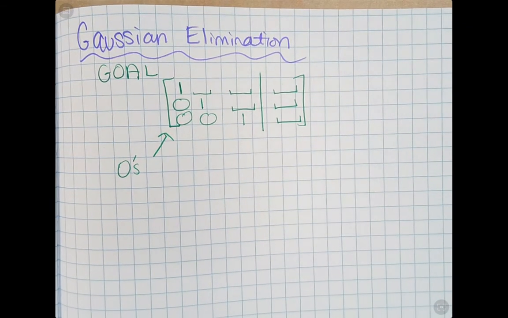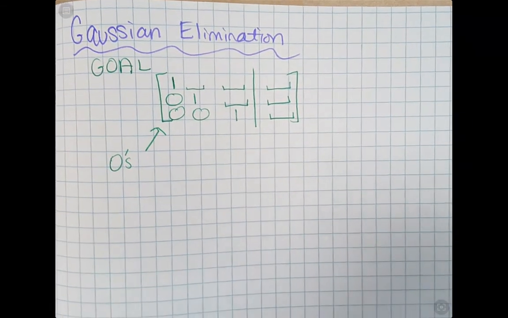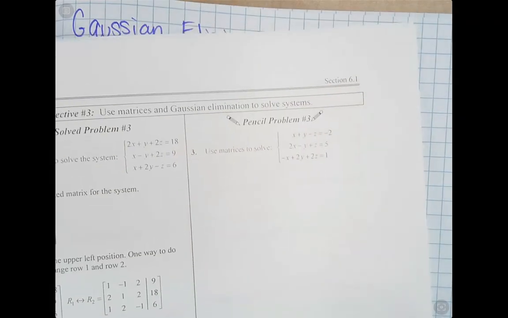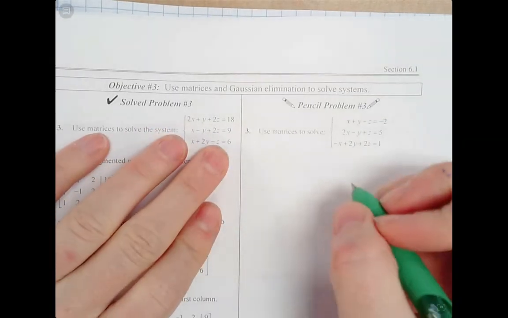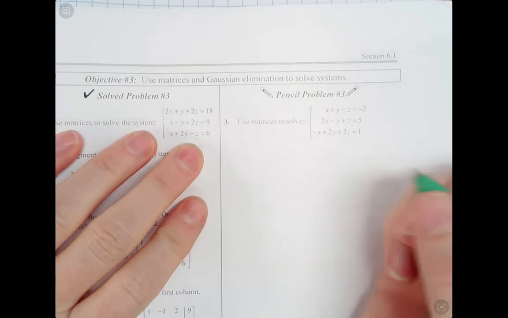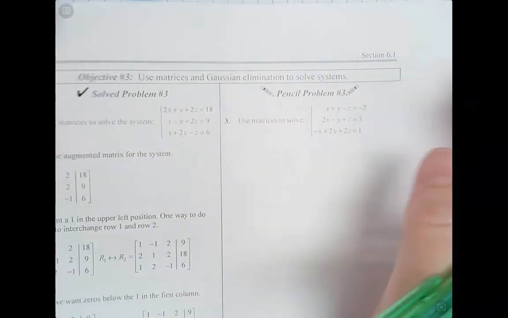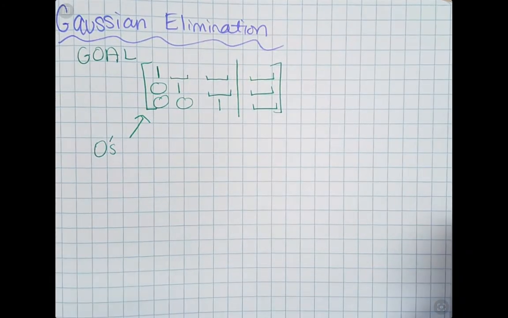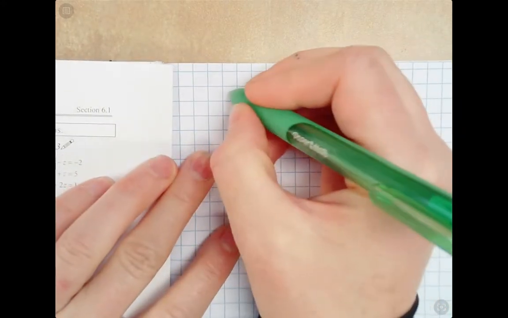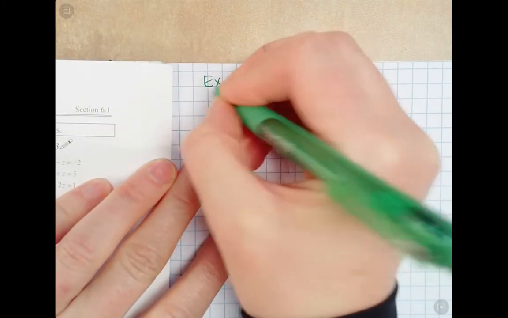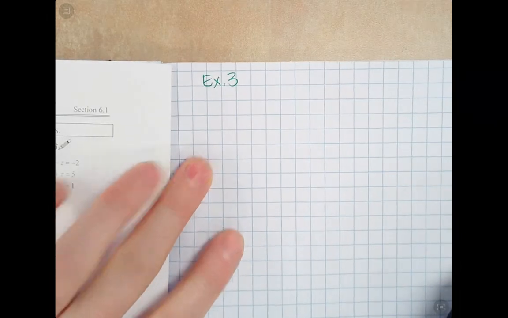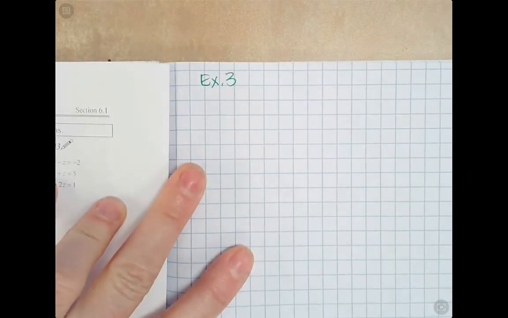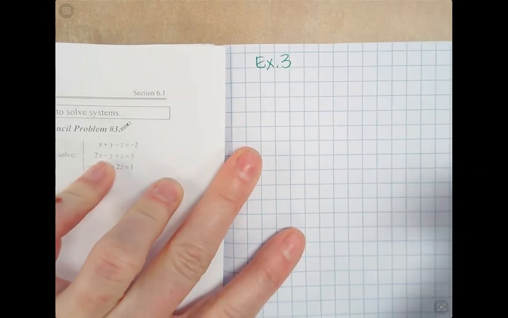So we're going to do number 3. Okay, so if you'd rather write it in your journal, you can. I kind of like that we have the graph paper, so I'm going to write it over here. So I'm going to say example 3. So we have the equation. Let's transfer the equation into a matrix.